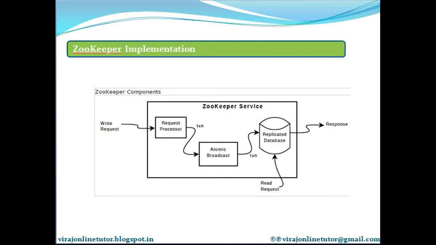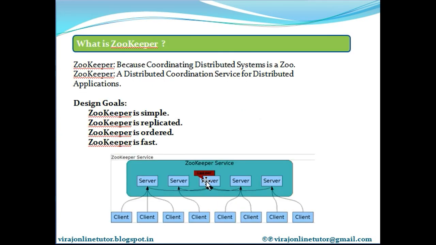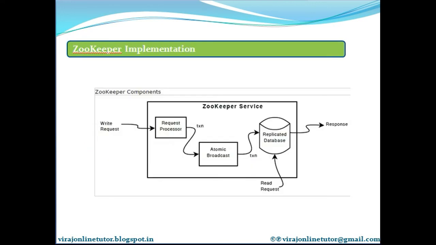The rest of the Zookeeper servers are called followers, which receive message proposals from the leader and agree upon the message delivery. The messaging layer takes care of replacing the leaders on failures and synchronizing the followers with the leaders.